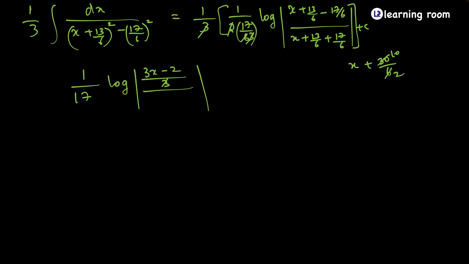Instead, I think we can take it as 5 itself. Because I thought 3 will come in the denominator and I can cancel it, but it doesn't make sense. So what we'll do is, I'll correct it from here itself.